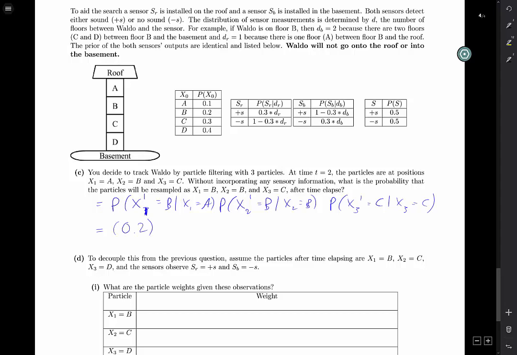And for B and C, the probability that I stay in the same place is 0.5. This equals 0.05.